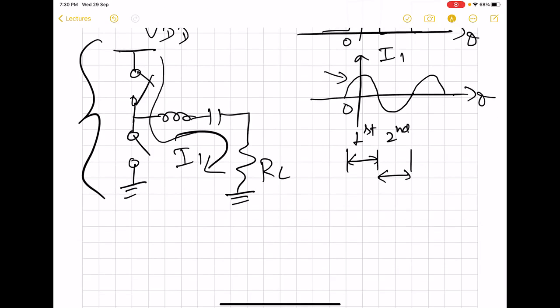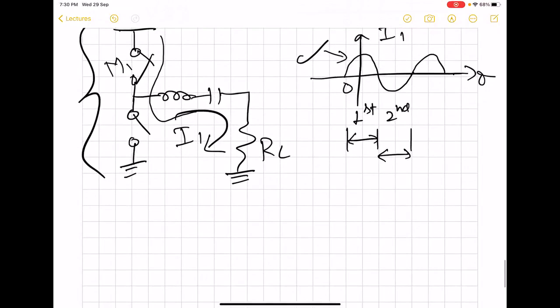It is like this, right? During the second half, this M1 is going to be open, so there is going to be no current through M1.